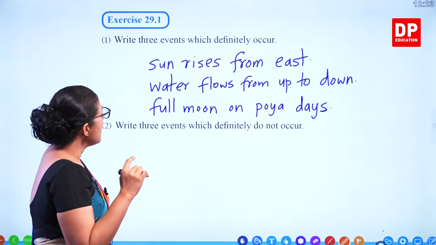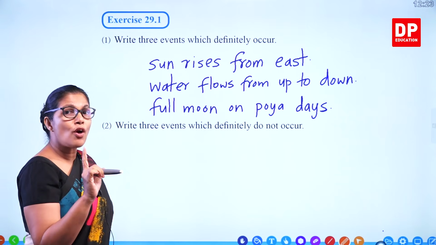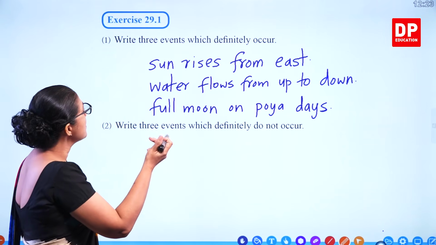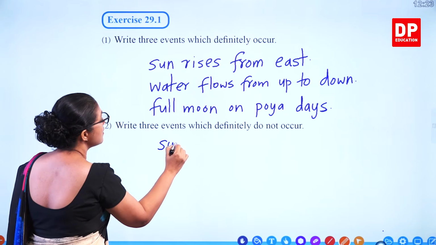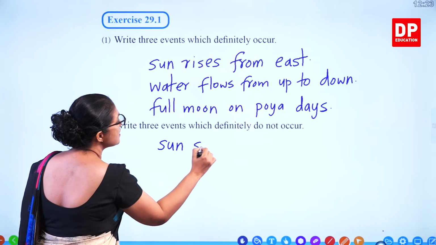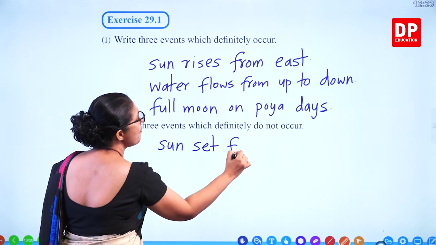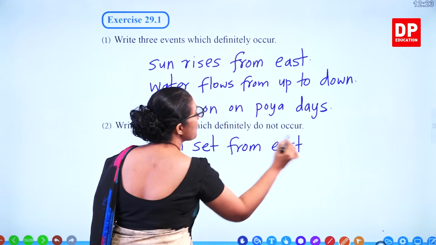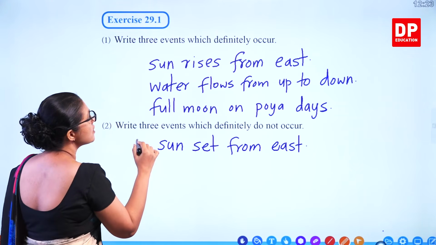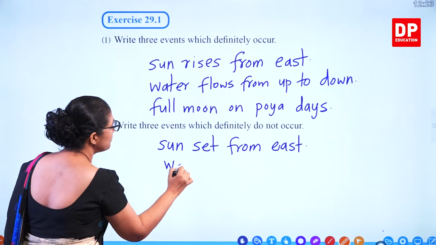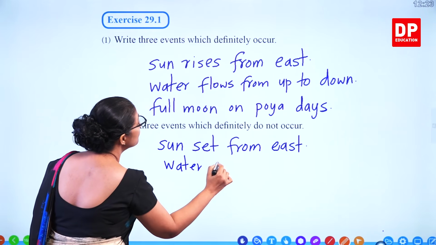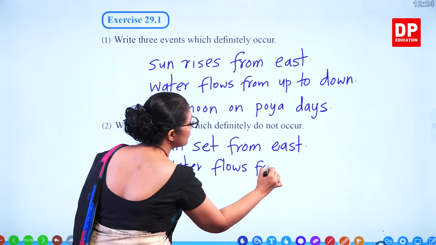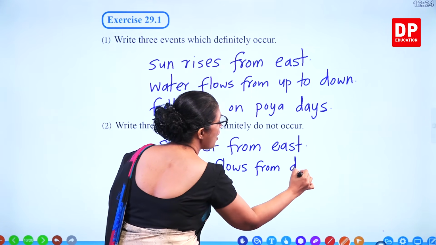Now what about events which definitely do not occur? Impossible to happen. So you can use the opposite things. The sun sets from the east. Water flows from down to up.